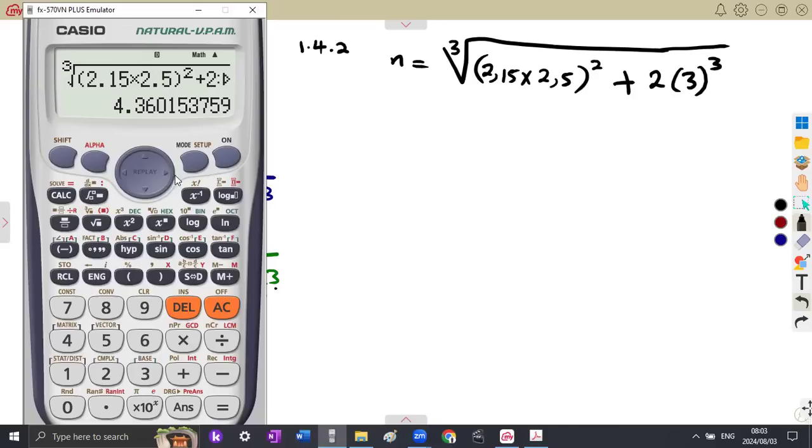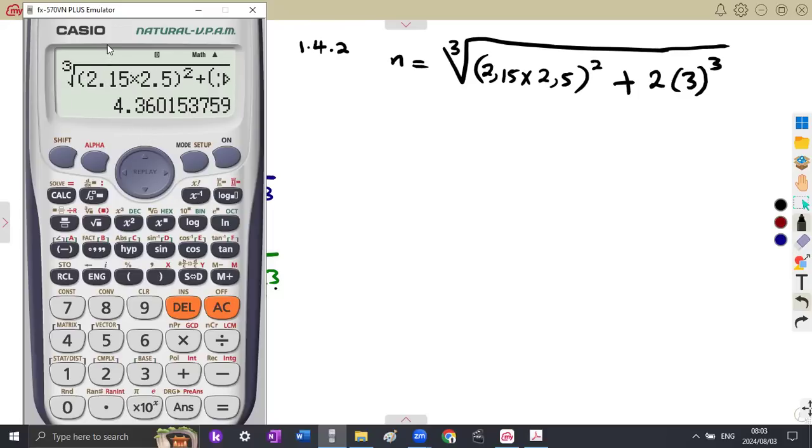All right, that is, this one was 2,15 times 2,5 to the exponent 2. Plus, let me just also put a bracket here to verify this. Put a bracket also here. 3 times, I'm just going to also put a bracket, but that's one and the same thing there. All right, 4,36 and so on.